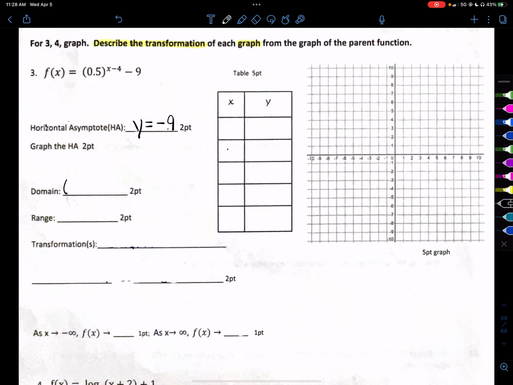The domain of an exponential is negative infinity to positive infinity. This one is going to have a horizontal shift to the right 4 and a vertical shift down 9.